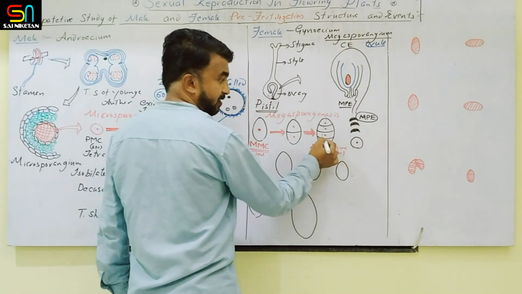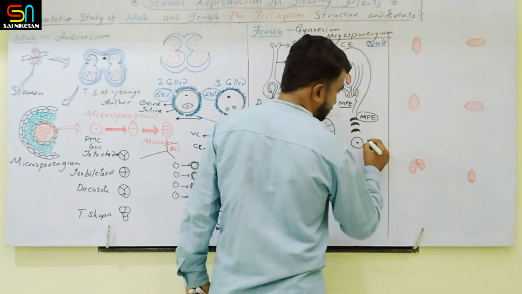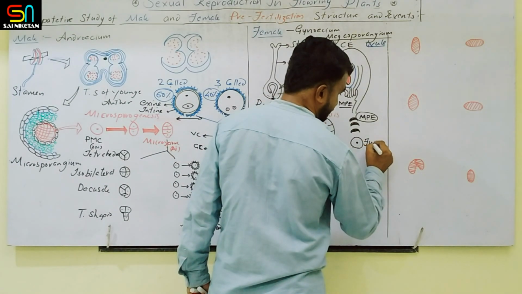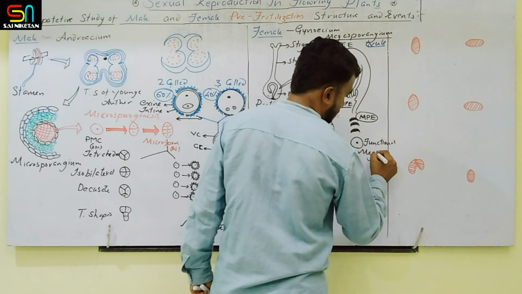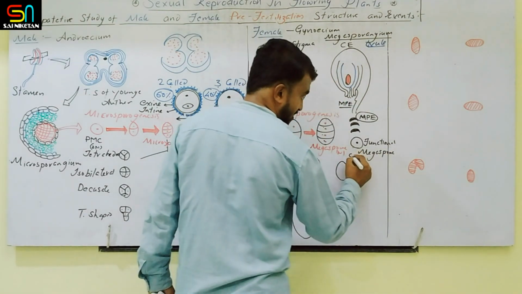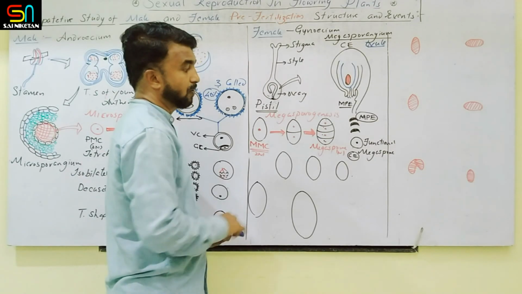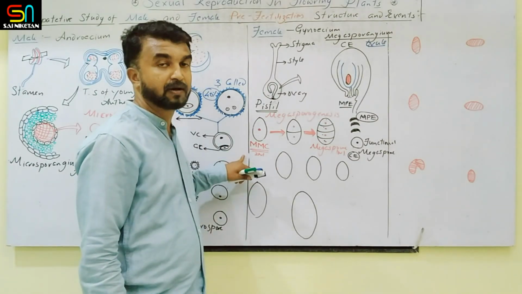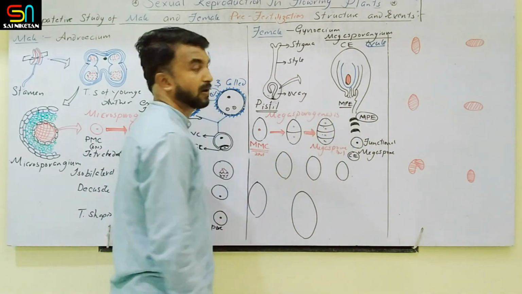And this one becomes functional. This is called the functional megaspore. So this is chalazoid. Yes. Now, further development is a different one. That is the development of embryo sac from this megaspore.